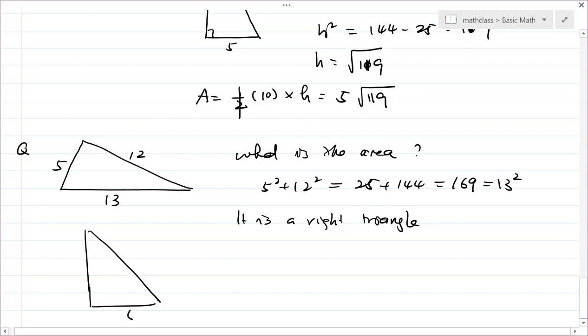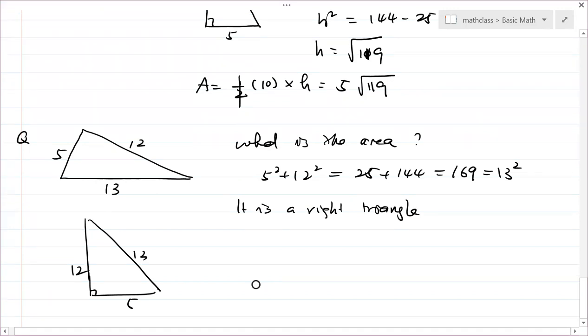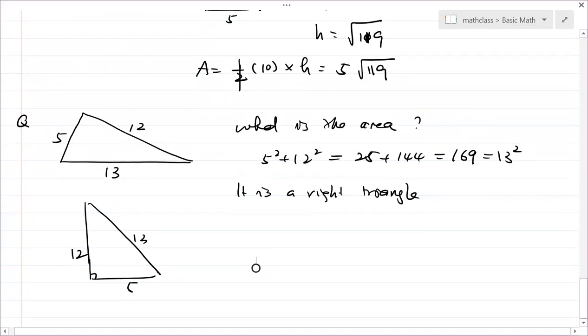So here's a 5, here's 12, here's 13. Then you know the height, you know the base. So the area is going to be half times 5 times 12. And that is going to be 30.